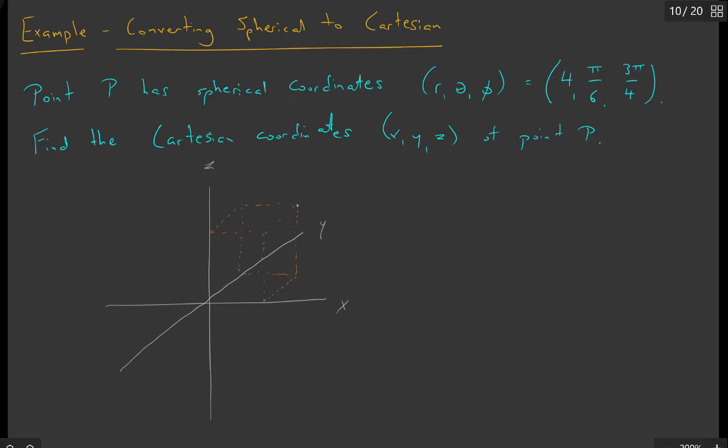So let's imagine that we have a point right here. Let's call that point P. The way we can specify the location of that point is to give the radial distance between the origin and that point. That's what we call r.